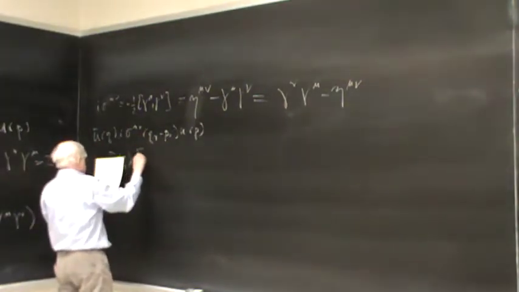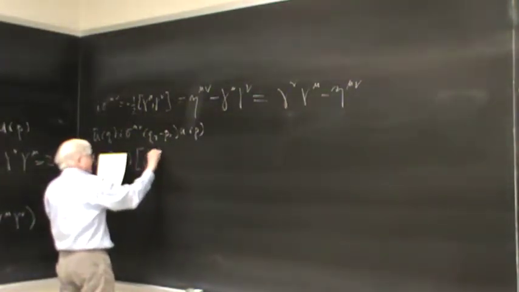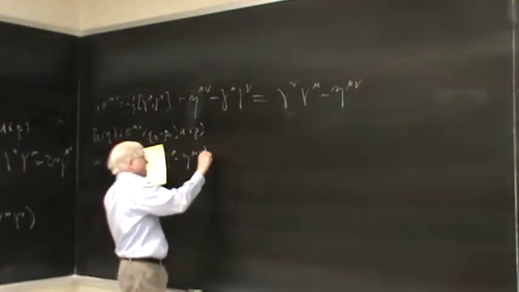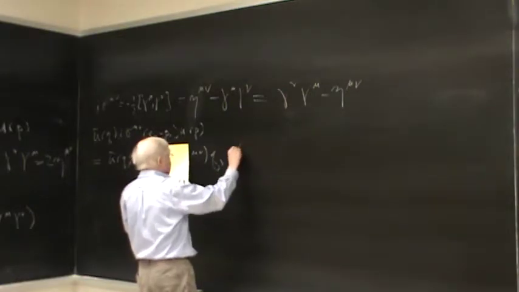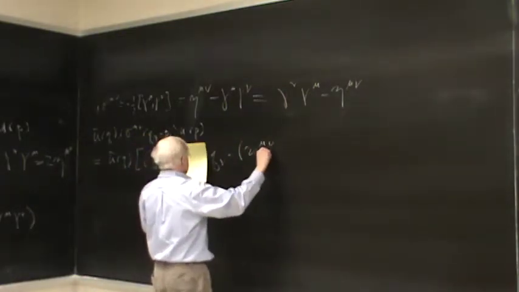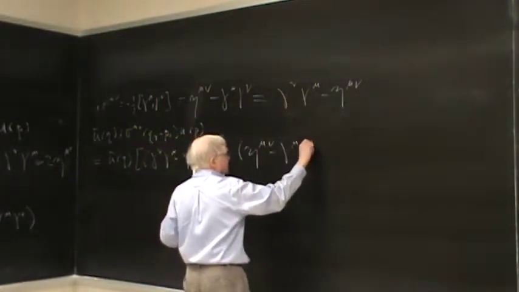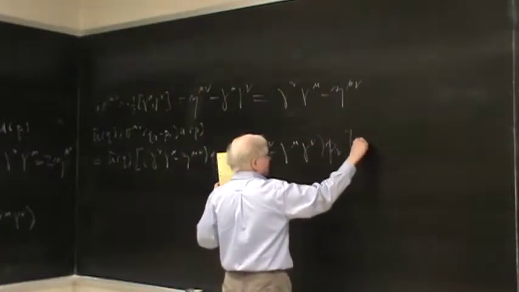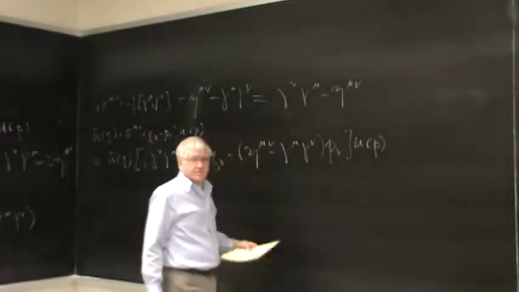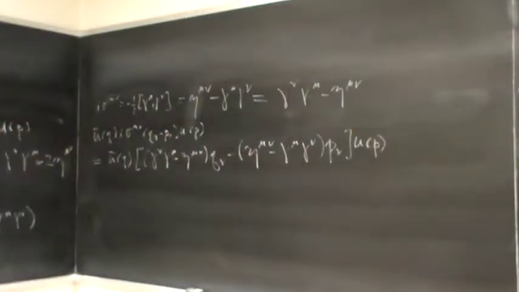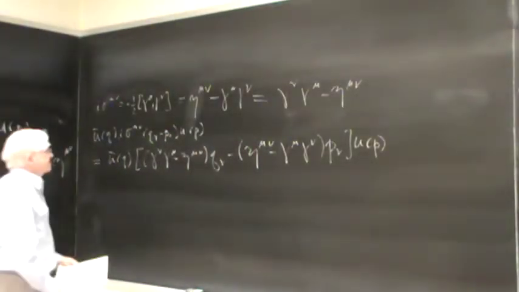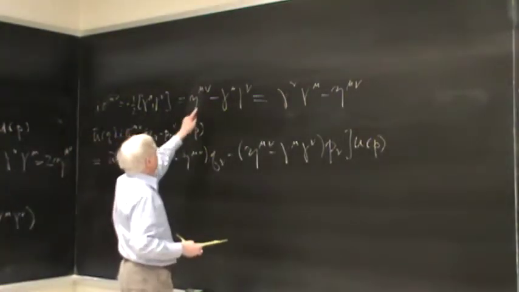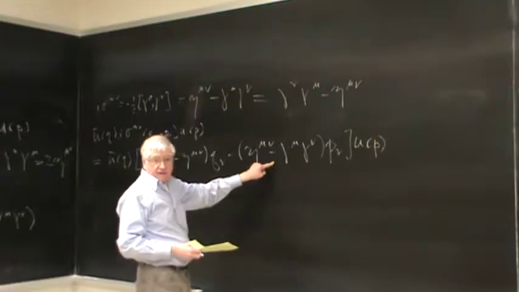So this is then (γ^μ γ^ν − η^μν) q_ν minus (η^μν − γ^ν γ^μ) p_ν, u(p). So I used this one there and that one here.